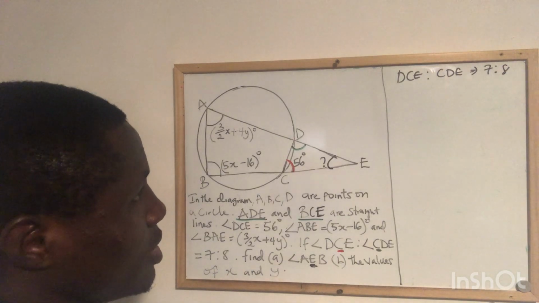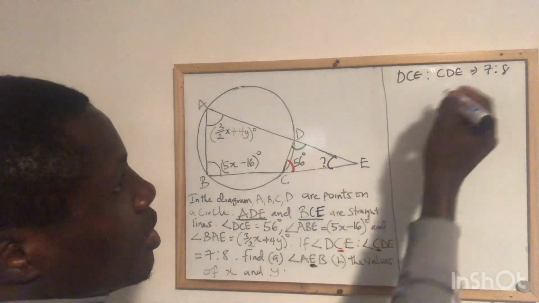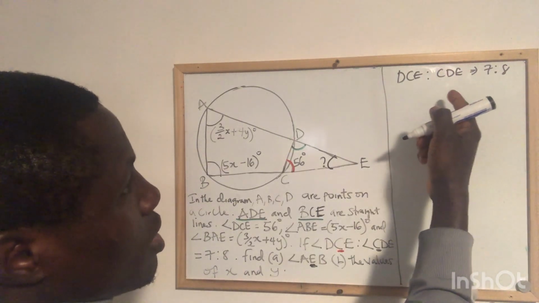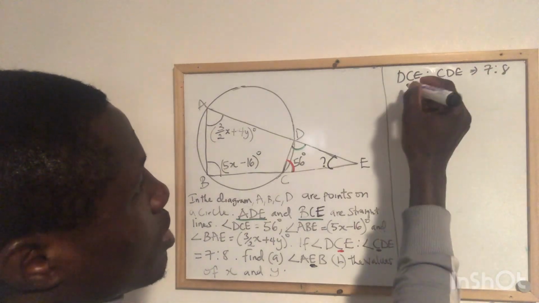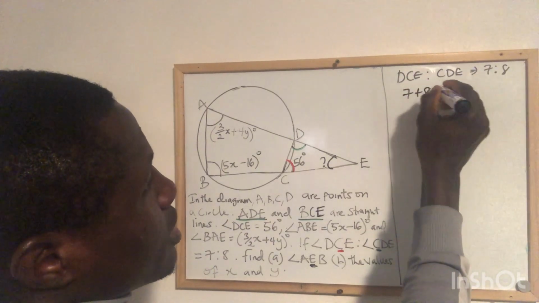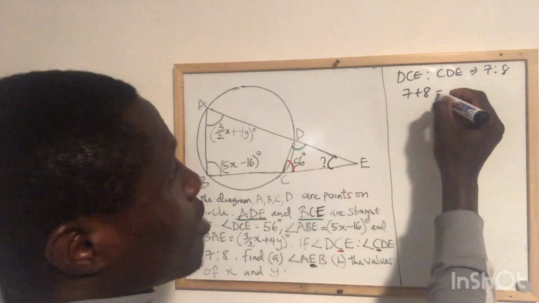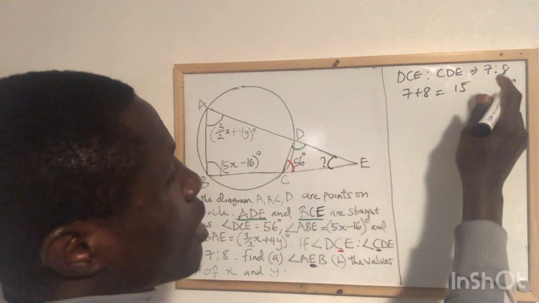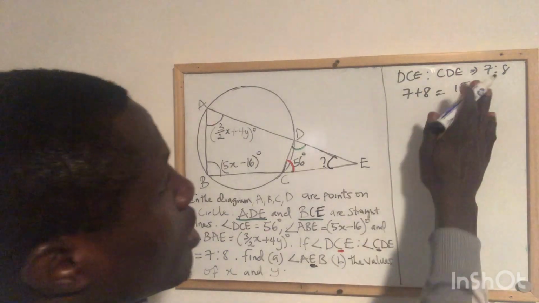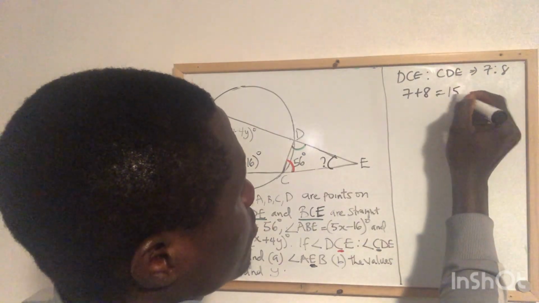What does that insinuate? If this is a form of ratio, let's say 7 plus 8, because if you are dealing with ratio, you add them together to get the total. So we have 15. The sum of the total ratio is 15, right?